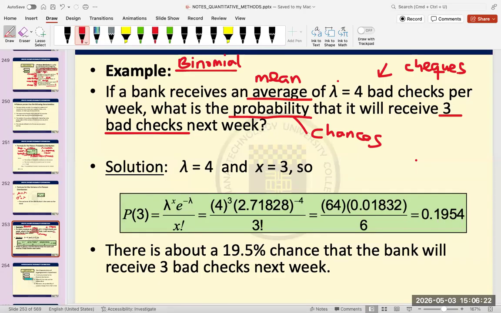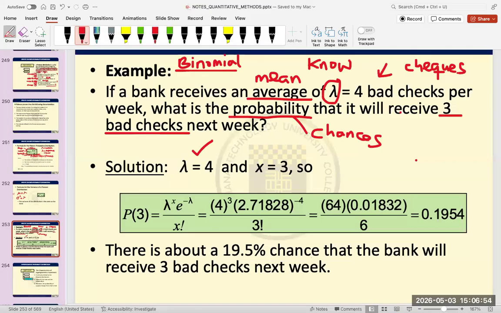They say if a bank receives an average of 4 bad checks a week, it means that it is something they know. So that one becomes your lambda. Lambda is coming from experience. Okay. So our lambda here is 4.